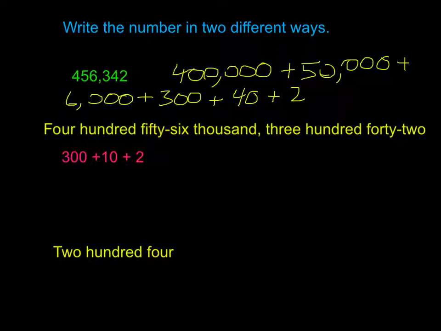So we get our word form of 456,000. And once again, we have our comma in there to separate the thousands period from the ones period, 342.